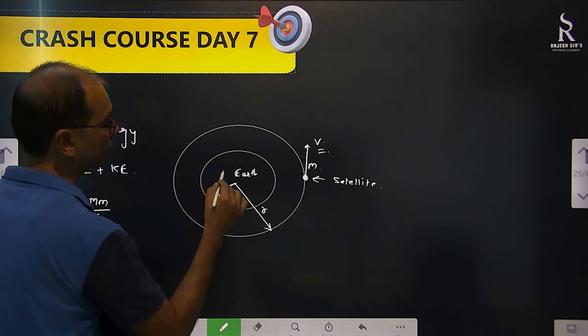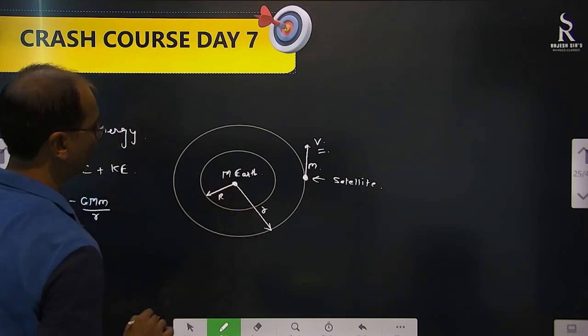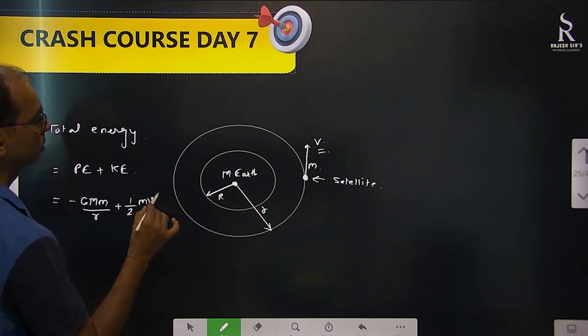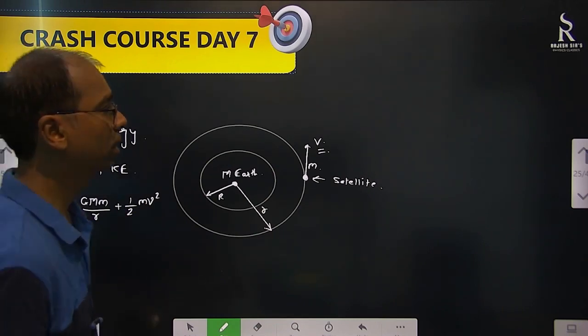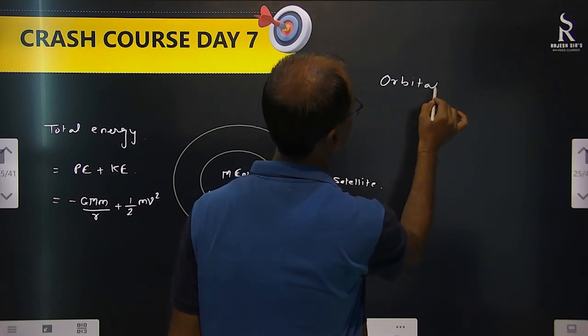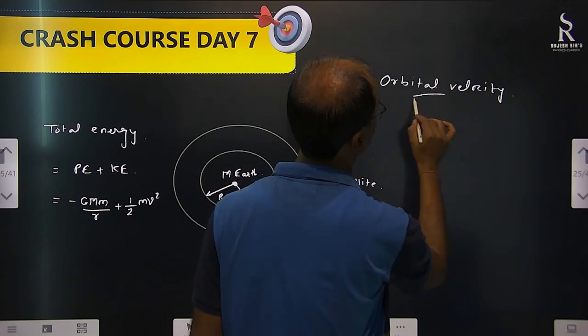Why? Because the mass of earth is at its center. Minus GMm by r plus half mv square. Now the question is, what is this v? We call it orbital velocity.